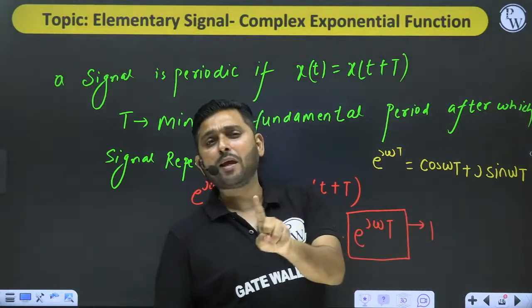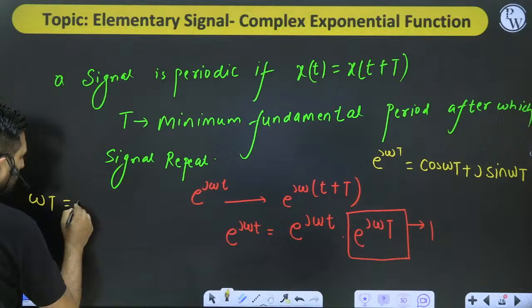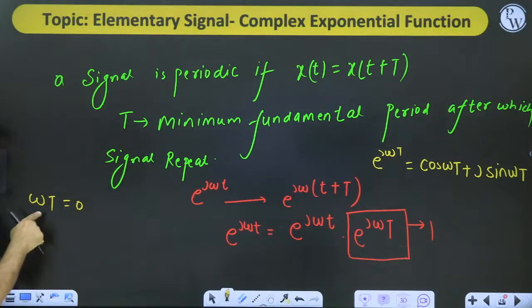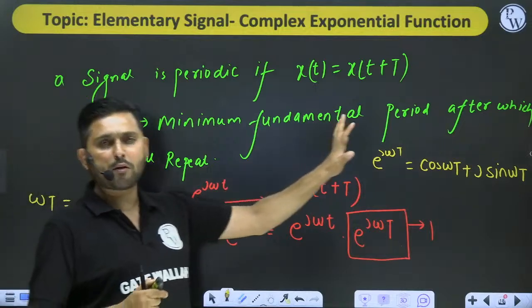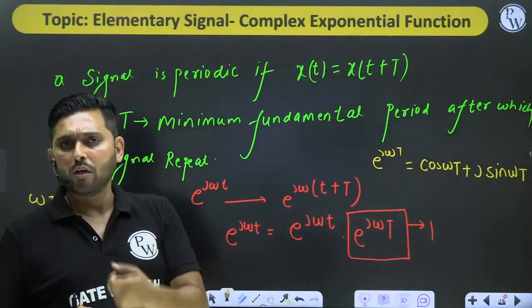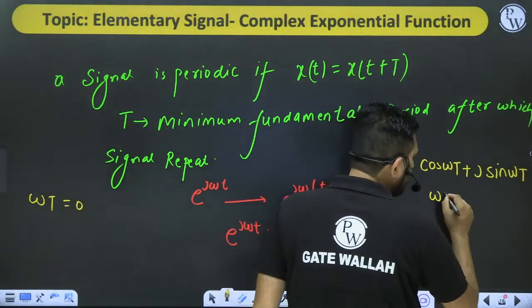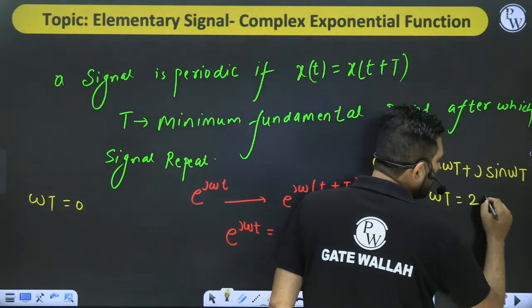Why should it not be equal to 0? Because omega is a speed, it will never be equal to 0. If t becomes 0, T is a minimum fundamental period but not equal to 0, mind it. You must have some t. What I'm saying is that let's consider omega t to be equal to 2 pi.